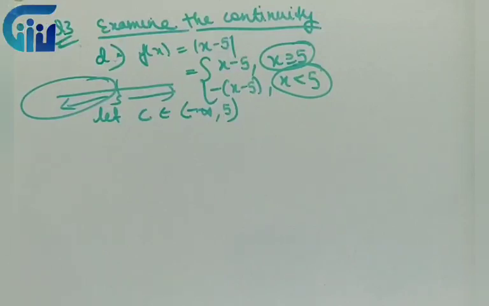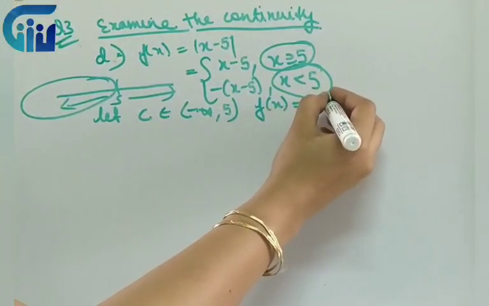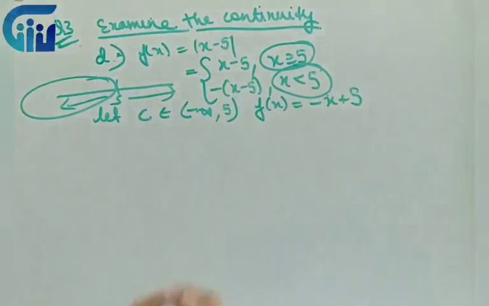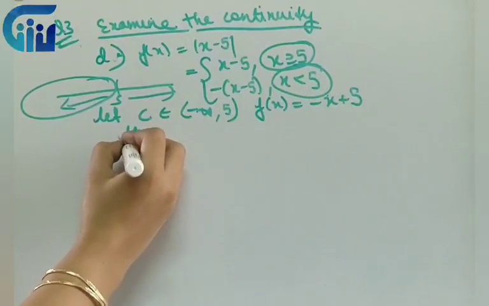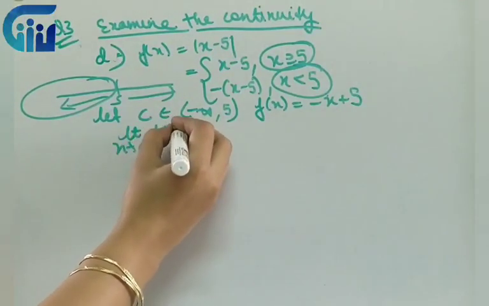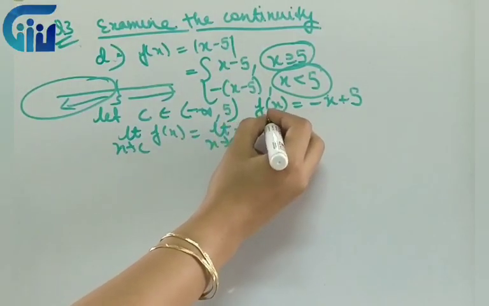But for all those real numbers, what is my function? My function is minus of x minus 5. So whatever point I take, I will get a continuous function, because limit x tending to c, my function will be limit x tending to c of minus x plus 5.